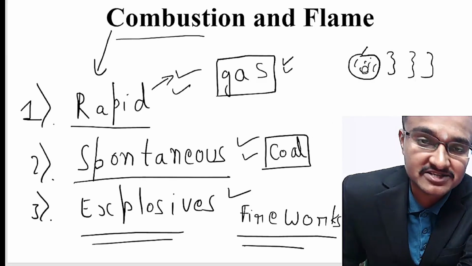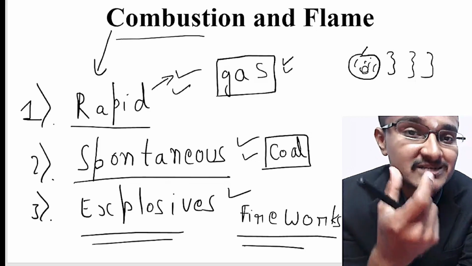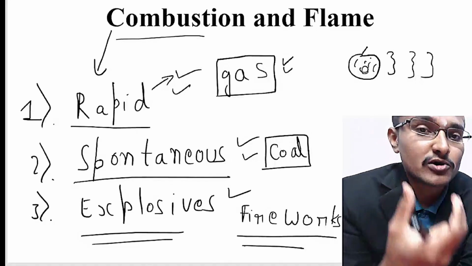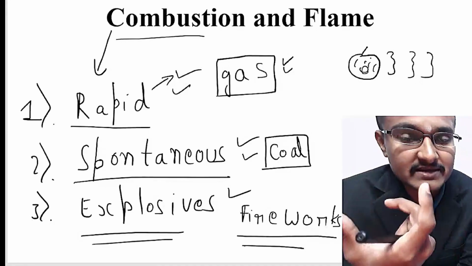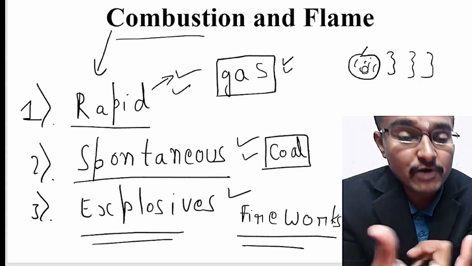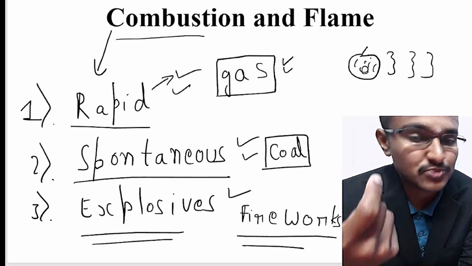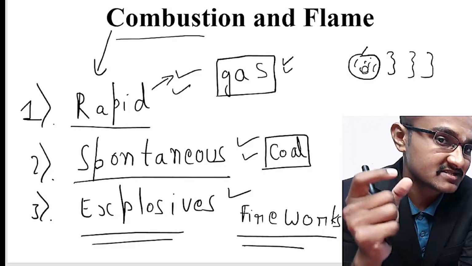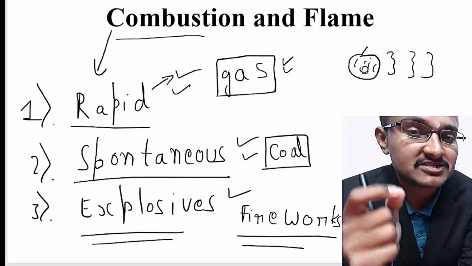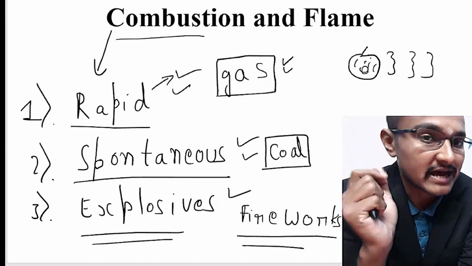Because of the pressure present in this substance, it will create a lot of damage to the surroundings. Now you know how rapid combustion happens, how spontaneous combustion happens, and how explosives work. The pressure in an explosive is the major cause for the explosion to happen.